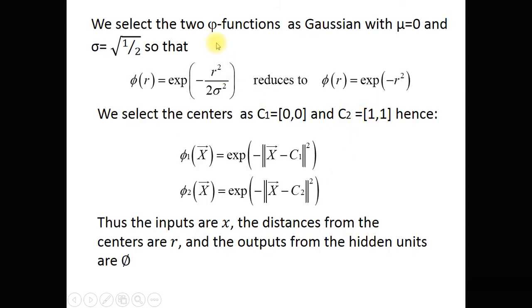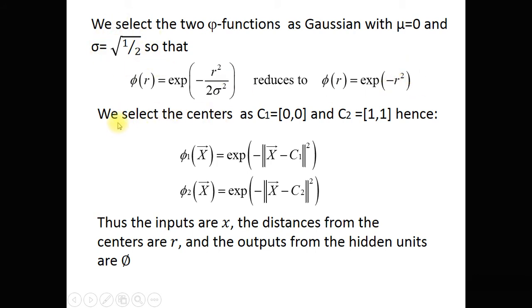So we select the two phi functions, that is, the discriminant functions, with the parameters mean mu equal to 0 and the variance as square root of half. This we have taken for simplification purposes. So phi r, which is e to the power minus r square by 2 sigma square, reduces to only e to the power minus r square because of this adjustment.